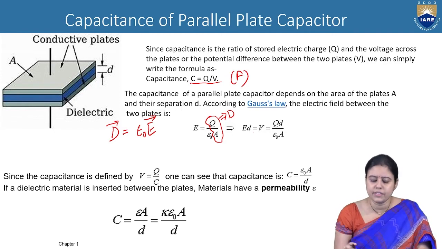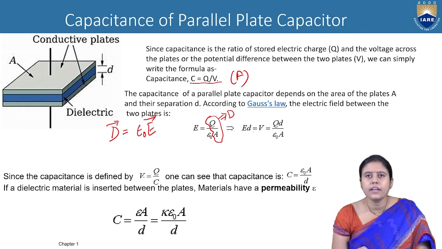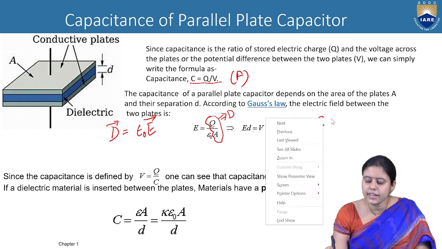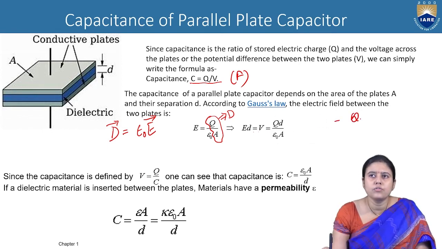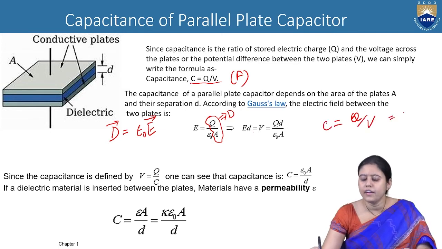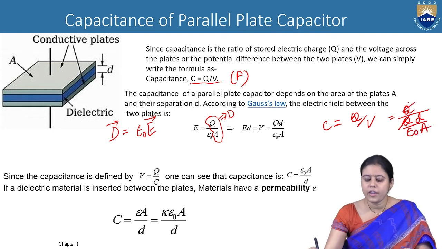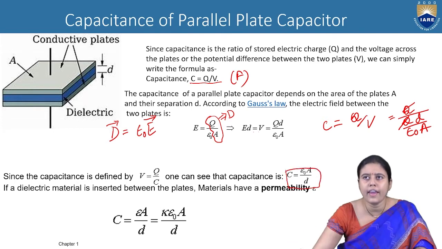So V is equal to Q by C. If we substitute the values, C equals Q by V, which gives Q by Q D by epsilon 0 A. Q cancels out and C equals epsilon 0 A by D. So this is the capacitance of a parallel plate capacitor.